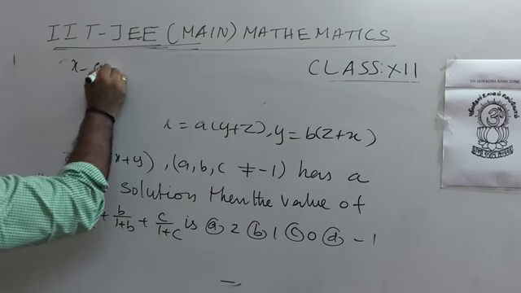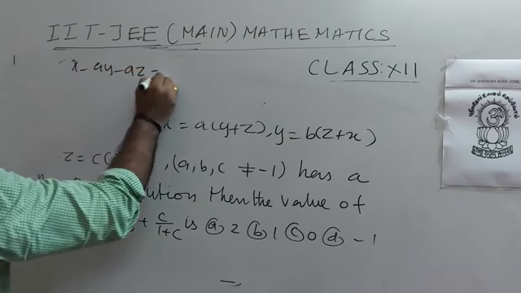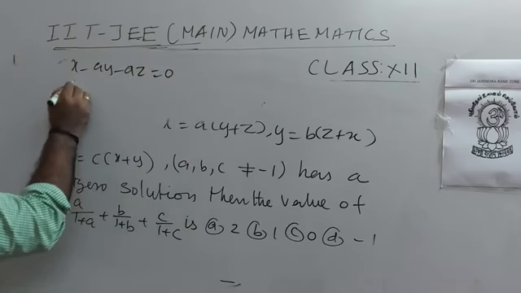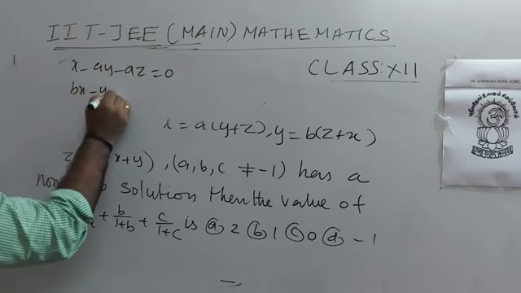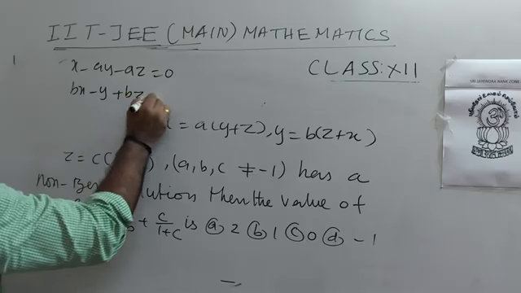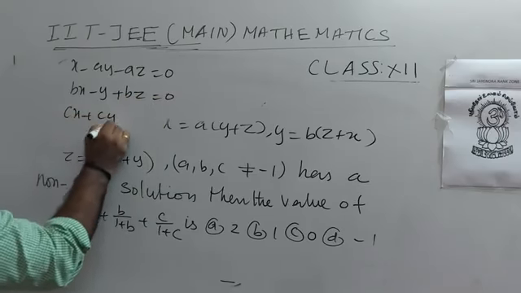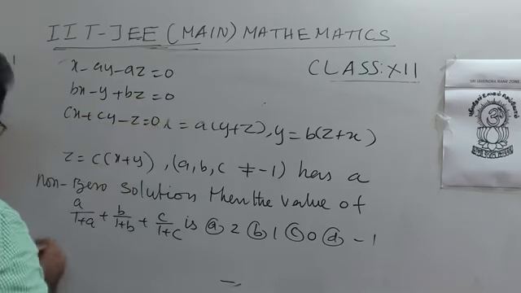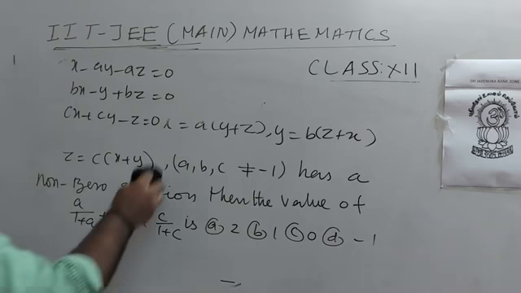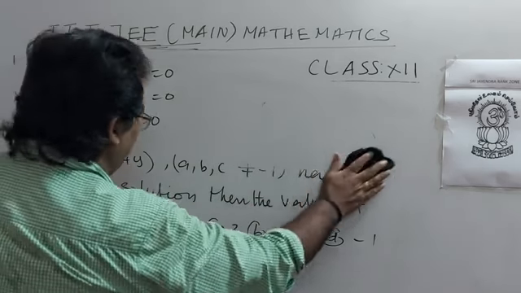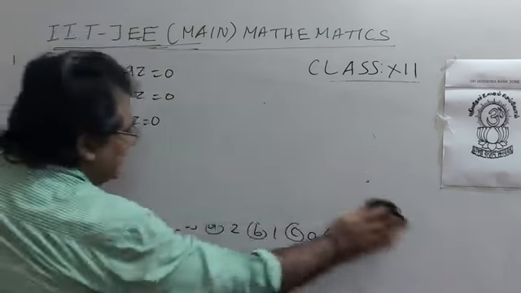x minus ay minus az equals 0. bx minus y plus bz equals 0. cx plus cy minus z equals 0. We can rearrange the given equations like this. So we have formed a system of homogeneous equations.